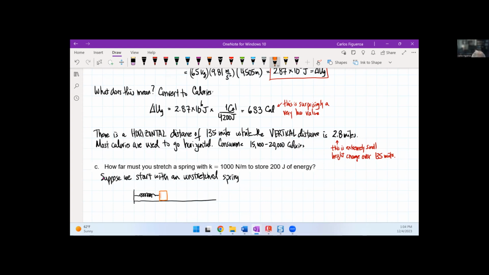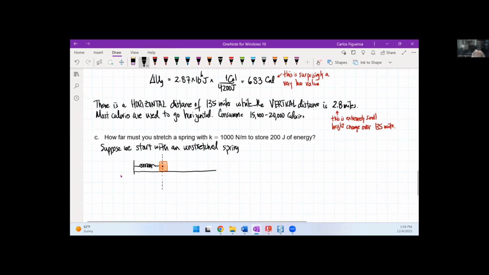So if this is my block, I'm going to focus on just the center of this block, and I'm going to say that this distance represents the point where the spring force is actually equal to 0.